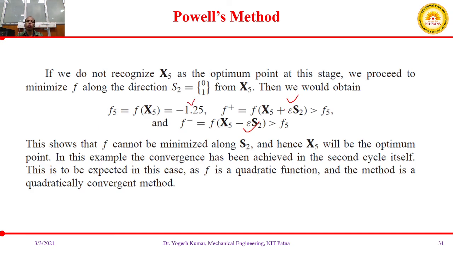If you give some small increment in the s2 direction and s1 direction, as well as on the positive side of s1 or s2, you are not getting a value less than the current value of your given function, that is f5. If you are not getting a lower value in any direction, then you can say you have got the optimum point, or the optimum value.